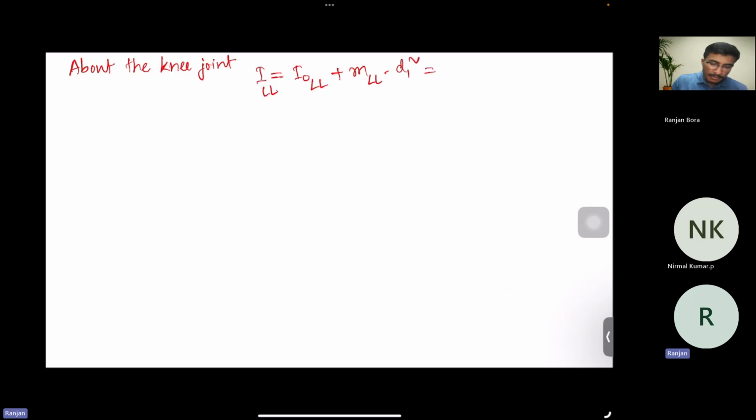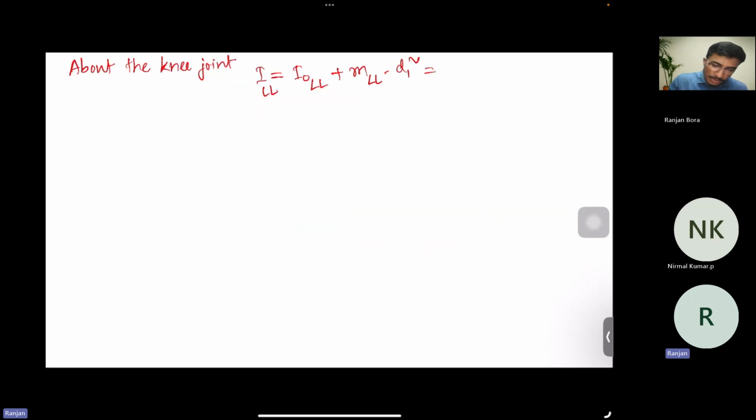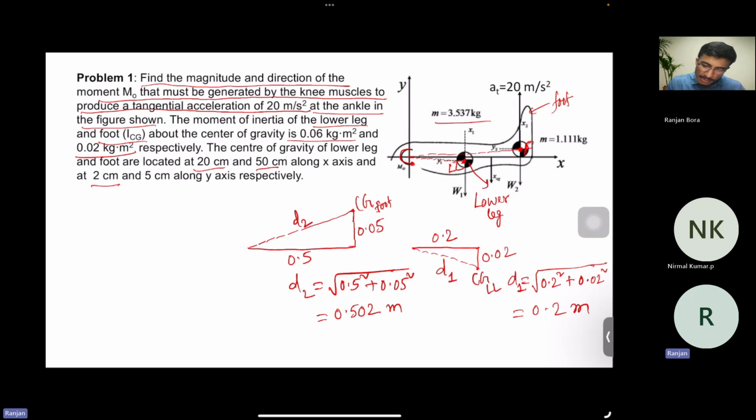So the moment of inertia given is 0.06 plus the mass. The mass is given as 3.537 kg.